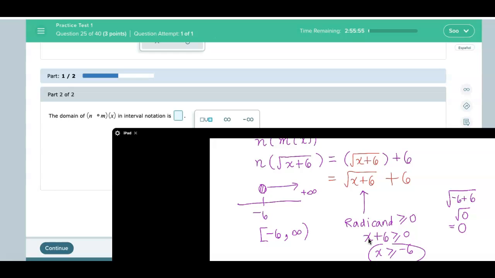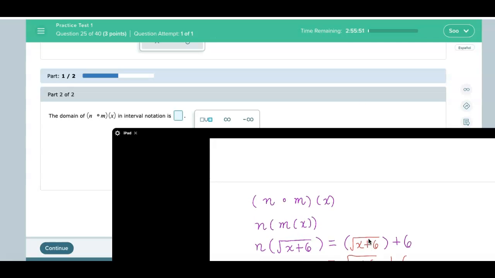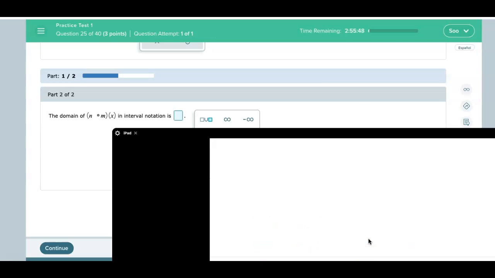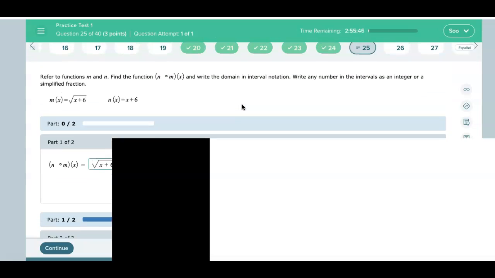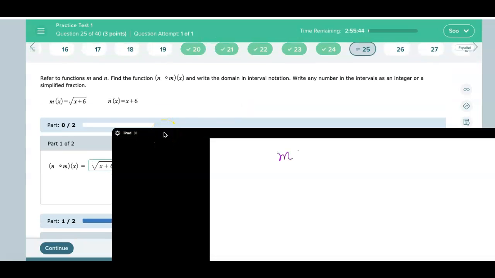But when you are doing the composition and finding the domain, you need to look at all the other pieces too. So remember the function m of x was square root of x plus 6. The domain of this function is the same as what we just wrote because the radicand has to be greater than or equal to 0. Domain is from negative 6 to positive infinity for the same reason we solved for the domain of the other one just now.